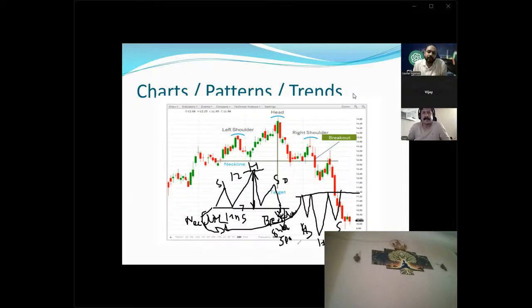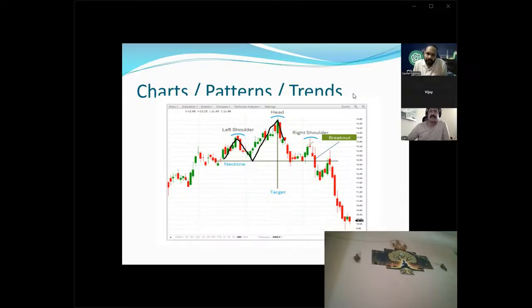It may go up again, because it will try to retest. If you missed the short here, then you can short here. So this is a retest, and this is a breakdown.